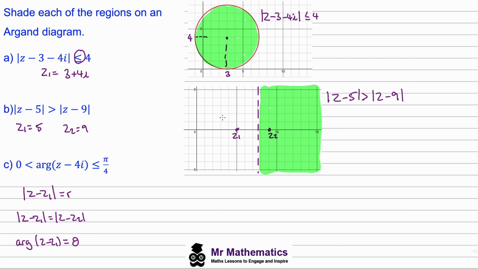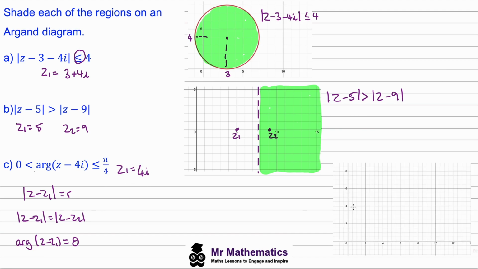Okay? So finally, if we look at question C, we're going to use this statement, and we can see that z1, the fixed point now, will be positive 4i. So now we need to plot this on an Argand diagram. Now, if we plot z1, which is at 4i, or 4 on the imaginary axis, then we're told here that the argument must be less than or equal to pi over 4, but greater than 0.